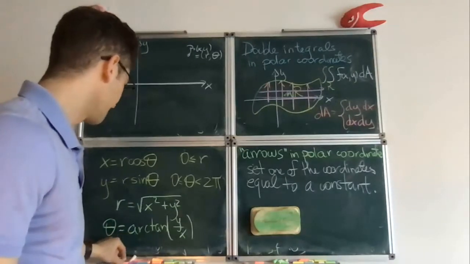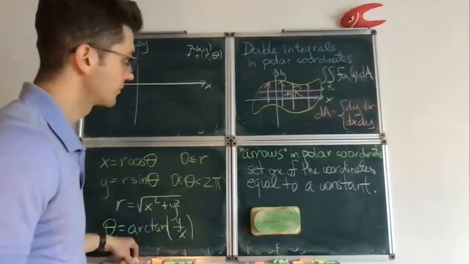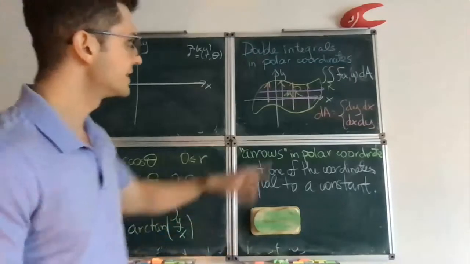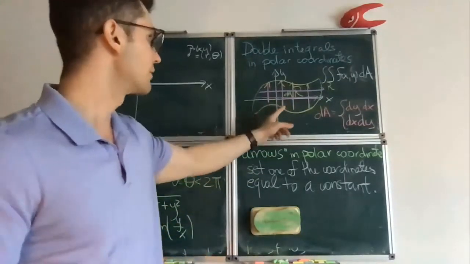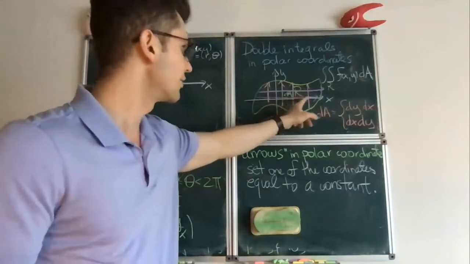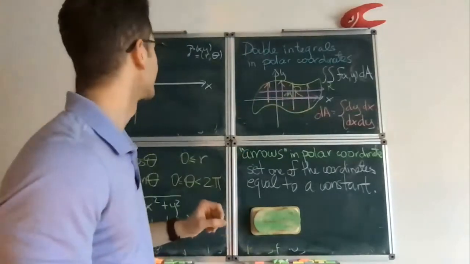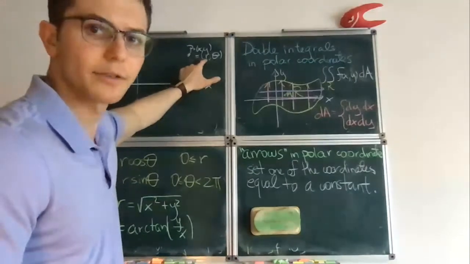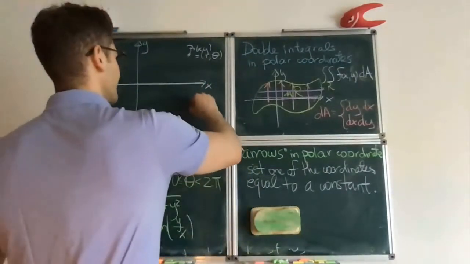So these arrows, for example, the vertical arrows, are obtained by fixing the value of x, right? For each of these vertical arrows, x is fixed. So let's try to fix r to see what happens.